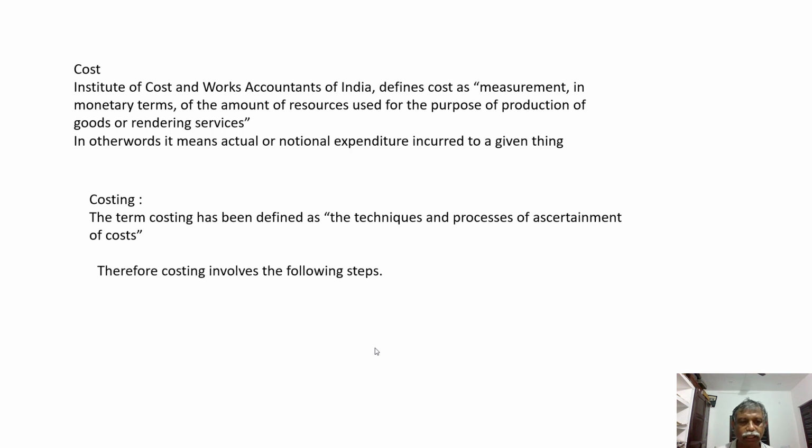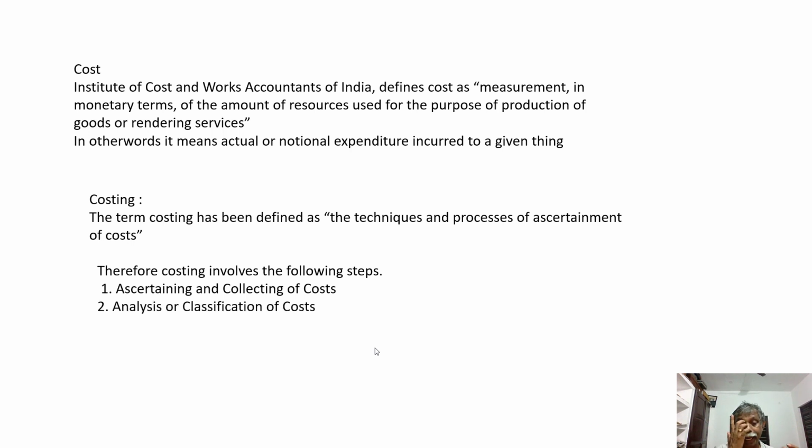Okay. So costing includes now ascertaining and collecting of cost. Ascertaining means decide the cost. How much cost is this? Okay, that is ascertaining. Ascertaining means determining. Collection. But these costs are at different places. You have to bring it together. That is costing. Okay.